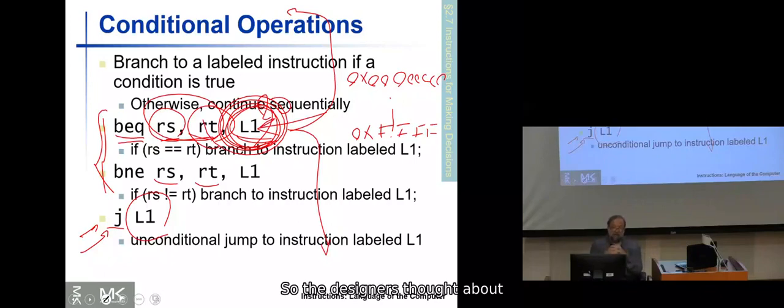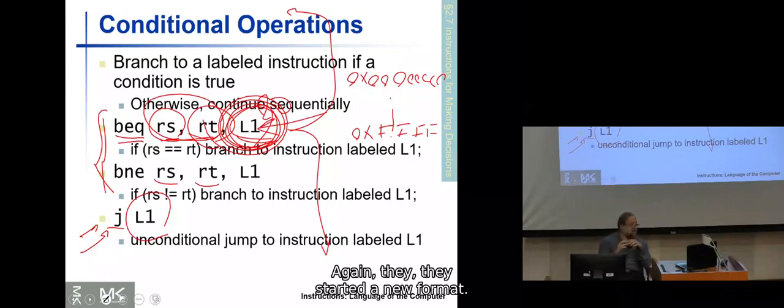So the designers thought about this, and look at how they decided. Again, they started a new format. We have three kinds. I told you before: three formats, R format, I format, and J format.